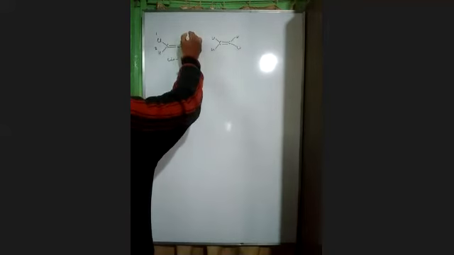The atomic number of hydrogen is 1, fluorine is 9. It has higher priority, so I'll put 1 here, and I'll put 2 here. So we find the higher priority groups are on the same side. So I should call it the Z isomer. I told you Z has come from the German word zusammen, meaning together.